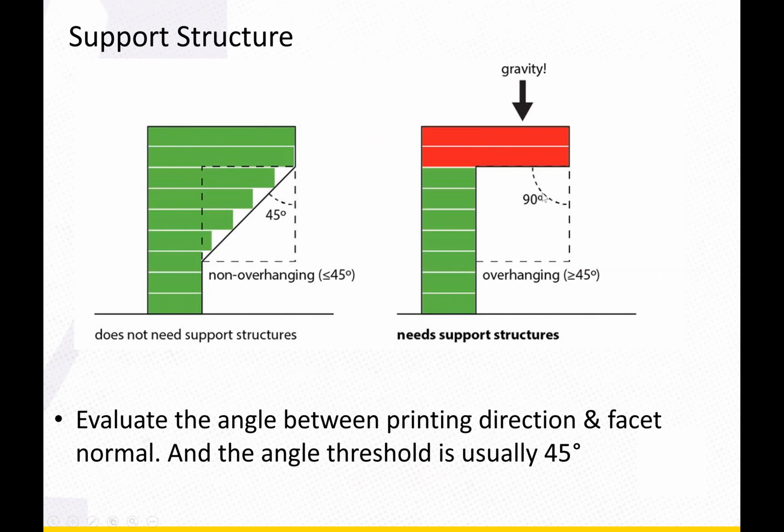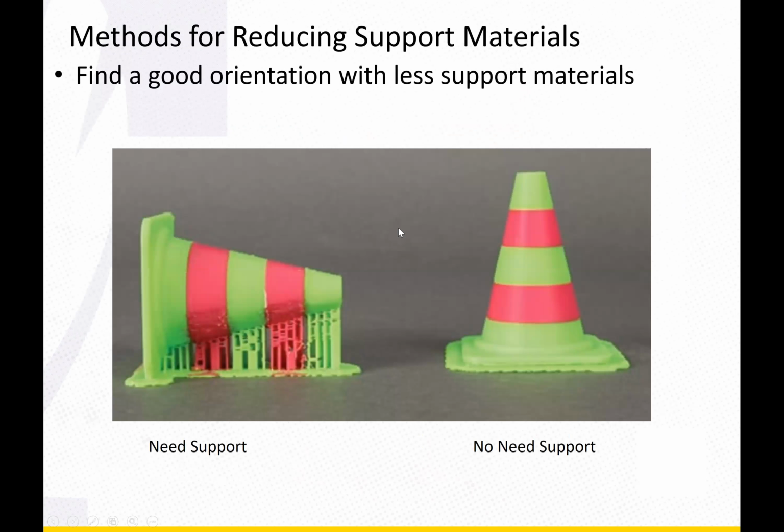Obviously, in this way, you definitely need support material beneath the feature over here. For different processes, this threshold could be different, but a very widely used, typical one is 45 degrees.